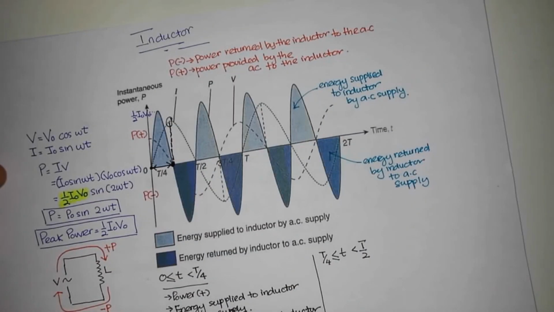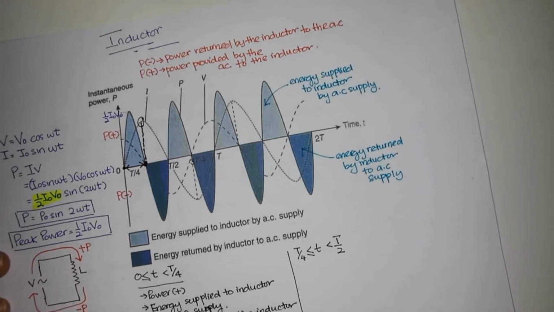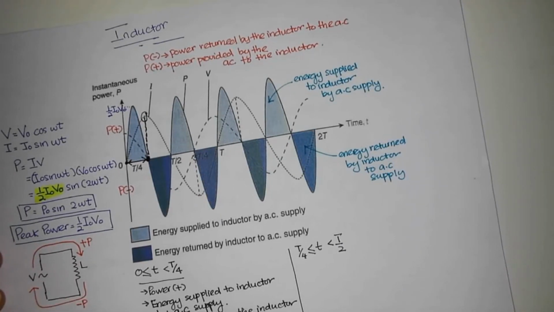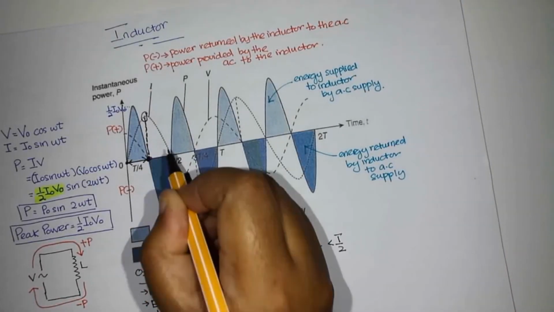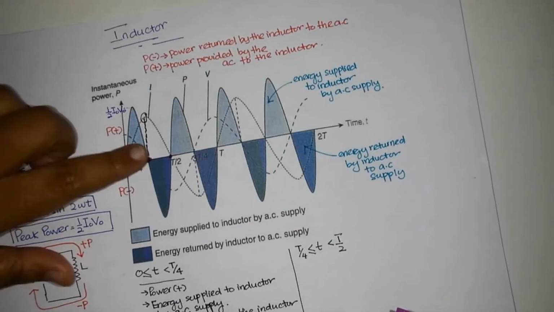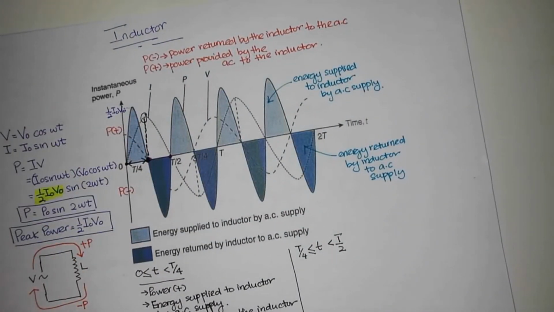So we're going to look at this. I'm going to just take another color pen. I'm going to take this one to this line. So what do you see, class? You see this part of the area.